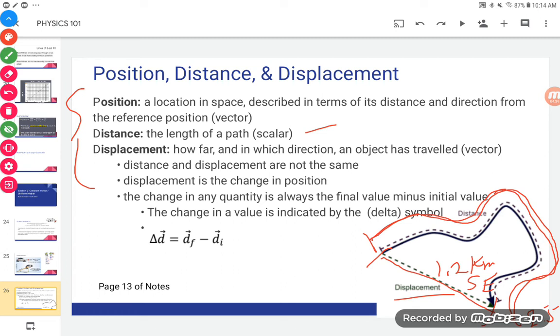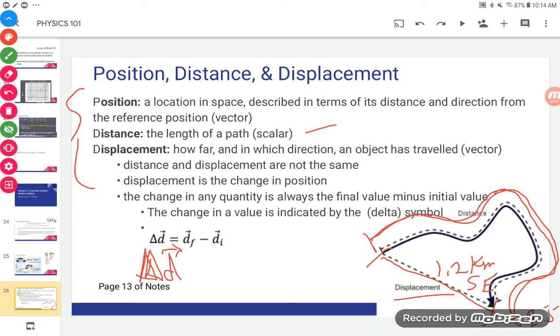We use those terms very differently. They write displacement like this. This triangle means delta, and anytime you see delta, it means change in.